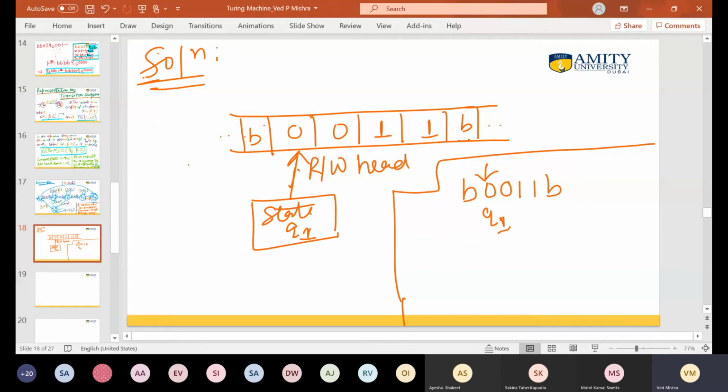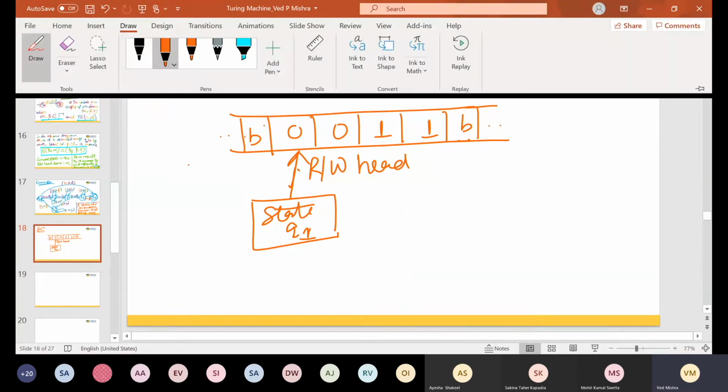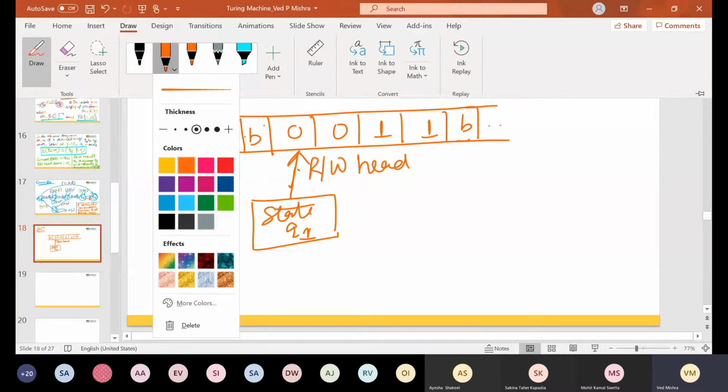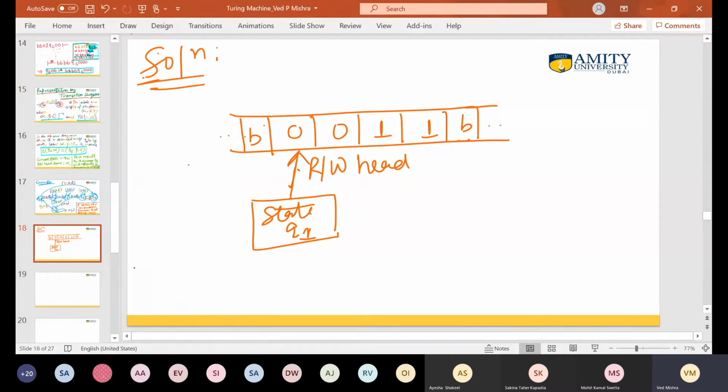So just take some space and write from here: 0, 0, 1, 1, blank, blank. Now you are at this place. Your state is Q1.